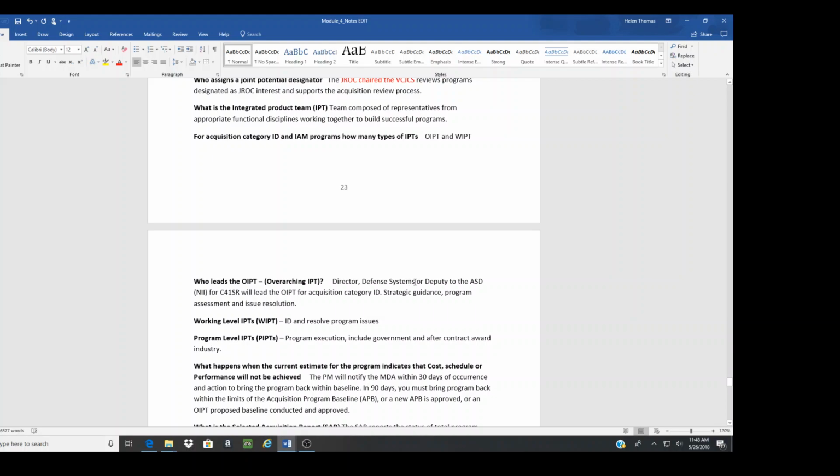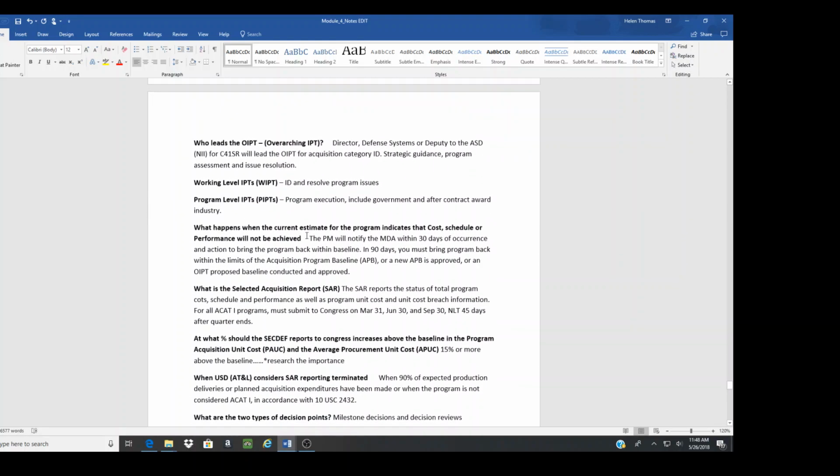The Director, Defense Systems, or the Deputy to the ASD. You have working level IPTs that identify and resolve program issues, and program level IPTs for program execution, which include government and, after contract award, industry. So I would say you have one overarching, you have working level, and you have program level.